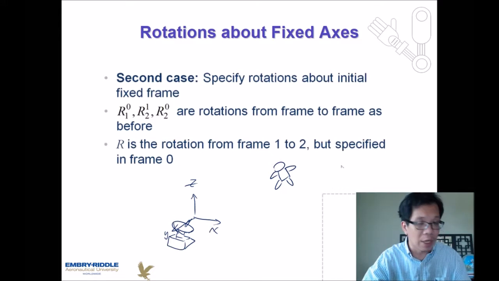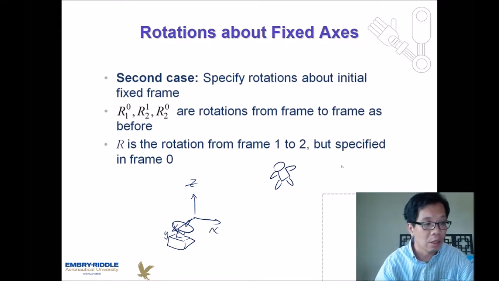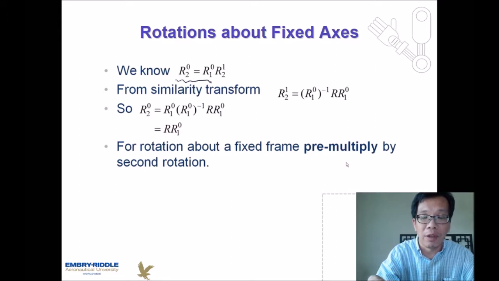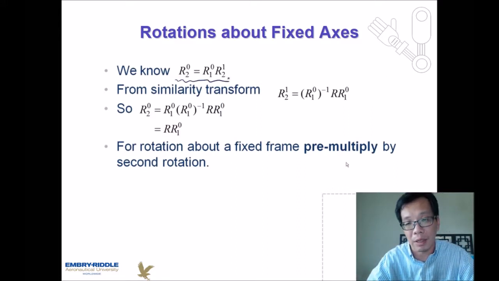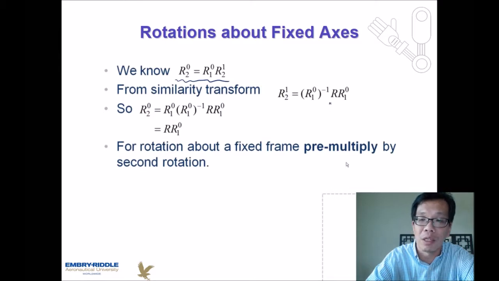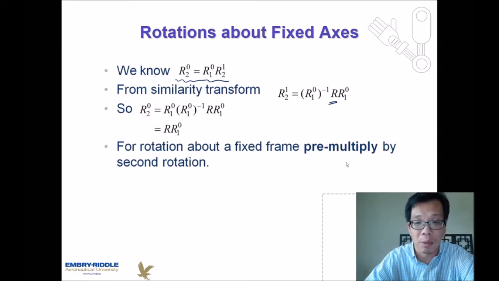So if we have those things specified, we know the rotation if we are rotating about the current frame is like this. From similarity transformation, since everything is fixed to a specific coordinate, what we need to do is convert everything back to its original position, just like what we did in the similarity transformation.